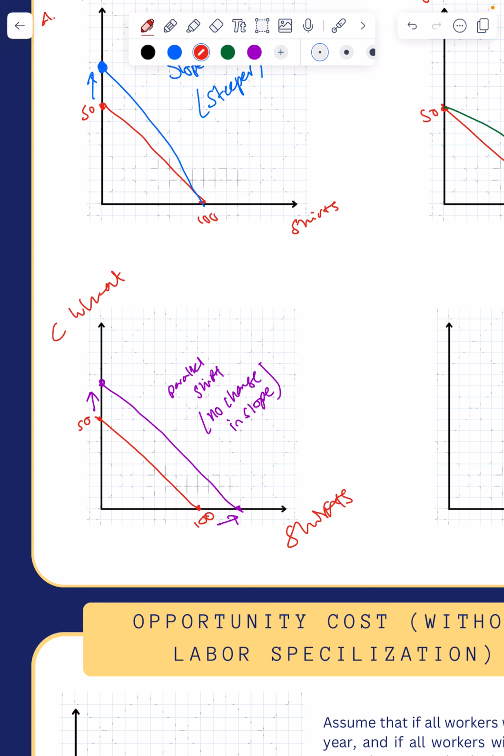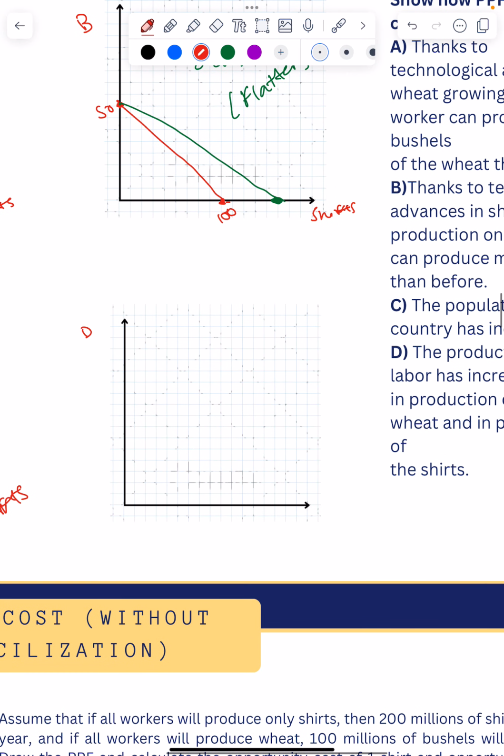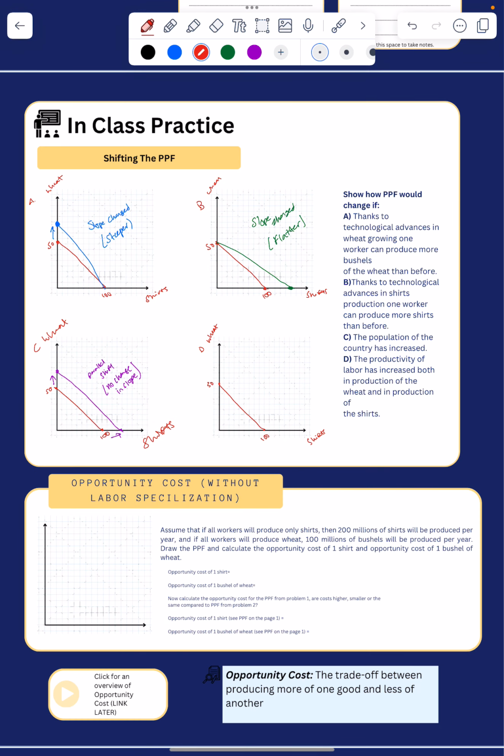Moving on to scenario D. Label our graph real quick. D is the productivity of labor has increased in both wheat and shirts. This is going to give us 3 different types of scenarios.